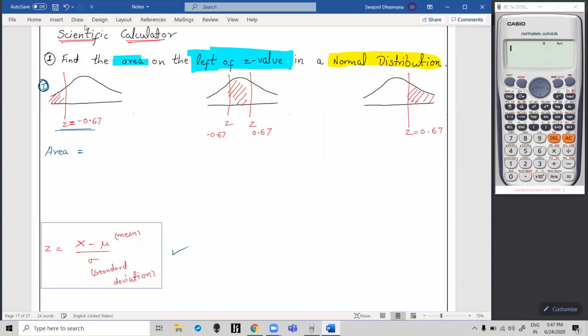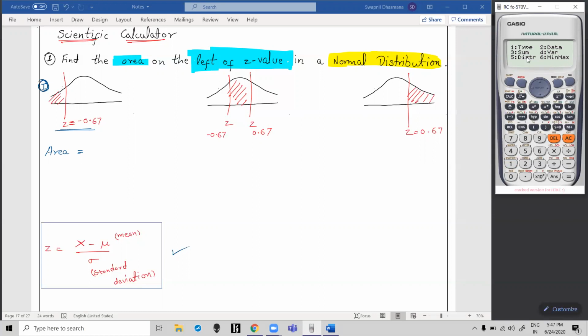To find the area, you simply go to the calculator. First, you put it in the stats mode. So mode 3, then 1, and then AC. Now you see stats written on my calculator. After that, as you need to find the area, press shift, then stats 1.